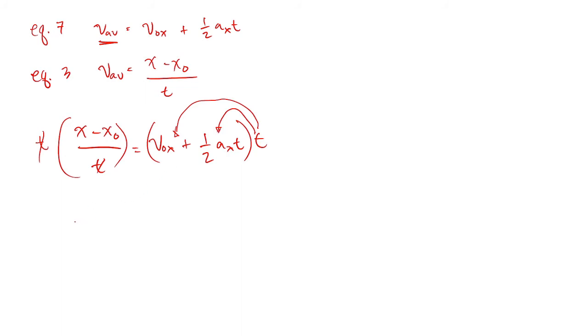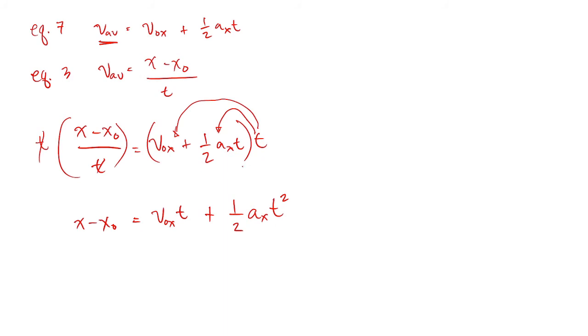Meaning to say, we will have here a quantity wherein we have x minus x naught is equal to our v naught x times time, or our initial velocity times time, plus 1 half times our acceleration times time square. Okay. So, kasi t times t is just t square.